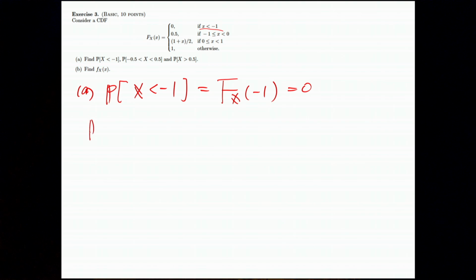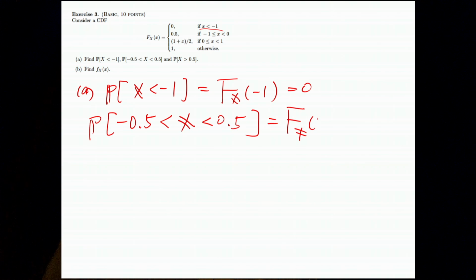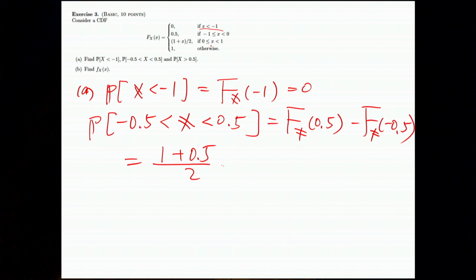How about the probability in the region from minus 0.5 to 0.5, which is the CDF of 0.5 minus the CDF of minus 0.5. From 0.5 it's here, so it's 1 plus 0.5 divided by 2.